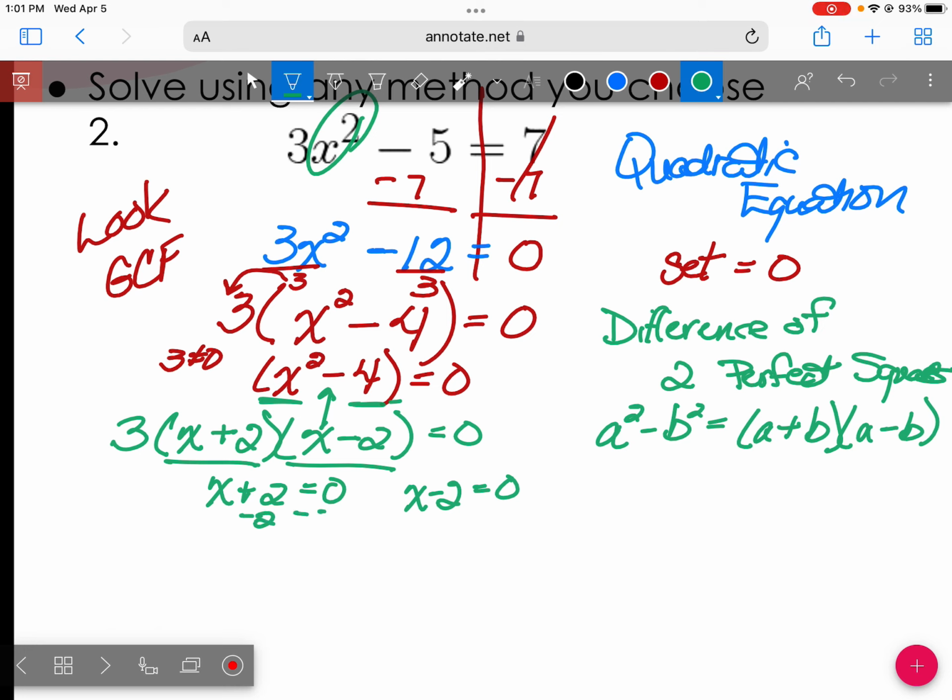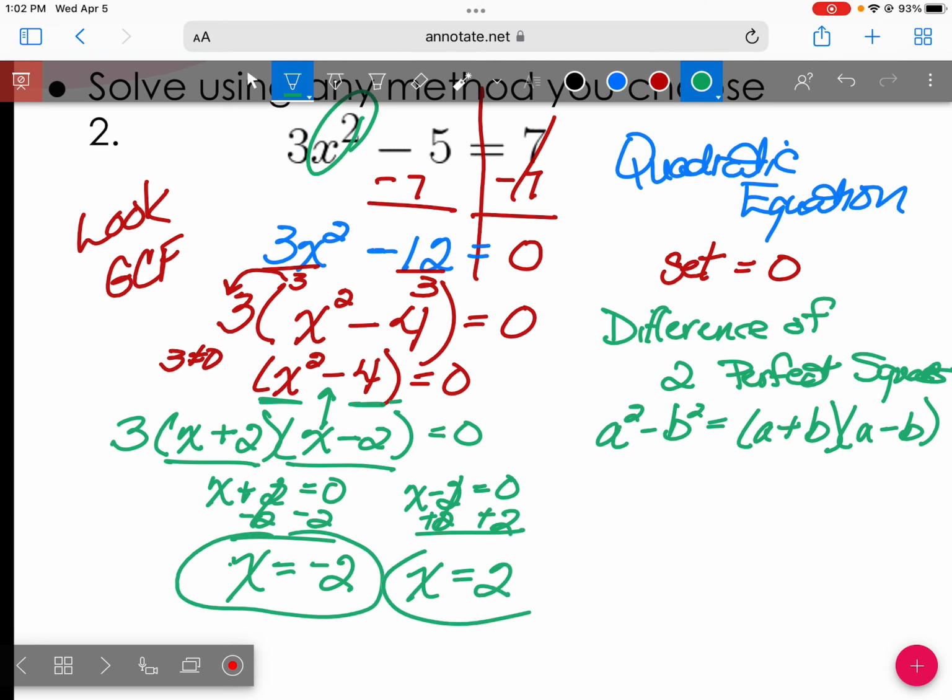Solve. And we get x is equal to negative 2, and x is equal to positive 2. So those are my solutions for x for this equation.